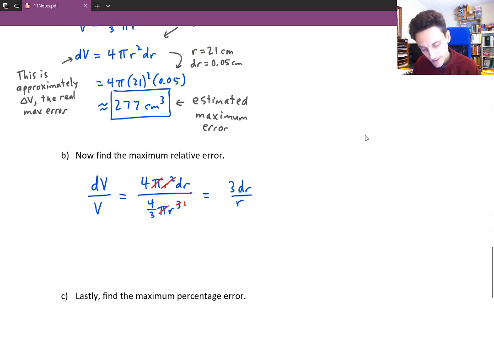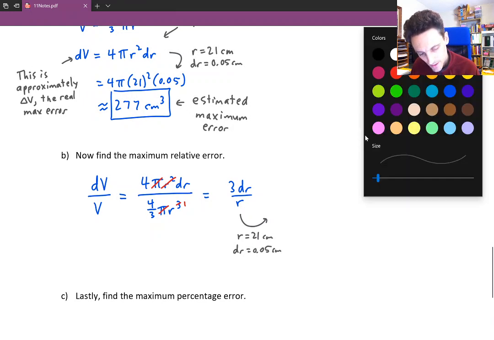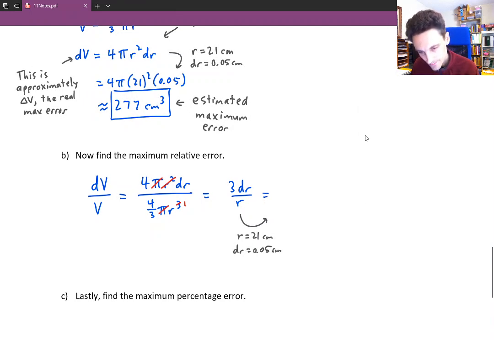And now if we plug in r equals 21 centimeters and dr equals 0.05 centimeters, you end up getting 3 times 0.05 over 21, which is approximately equal to 0.007.